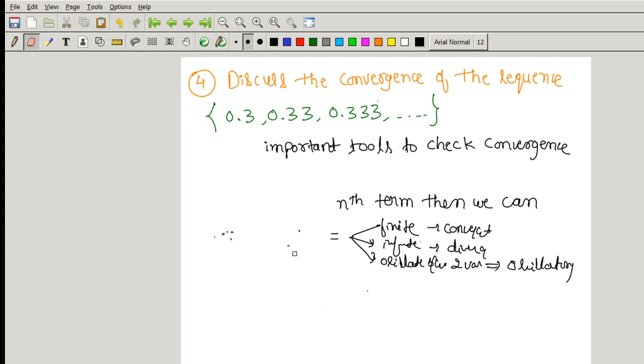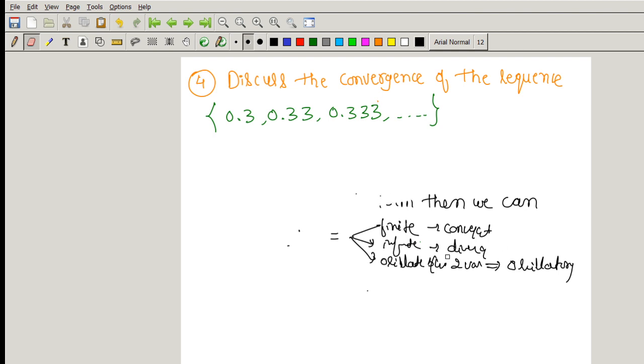Can we write it in the form of a general representation? Like if a sequence is 1 square, 2 square, up to n square, then the general term is n square, so we can directly take the limit of n square as n tends to infinity and obtain the nature of that sequence.